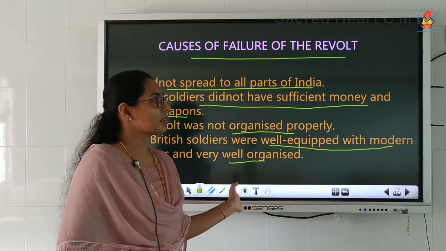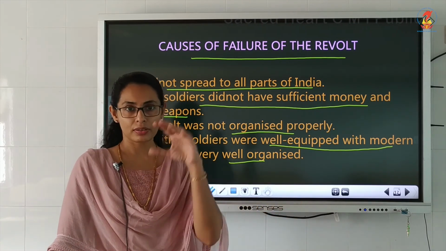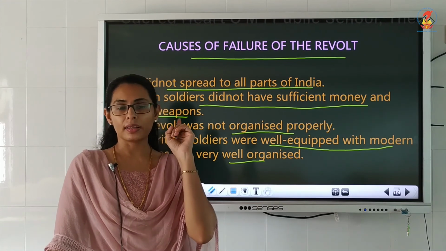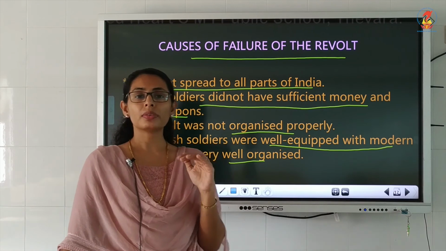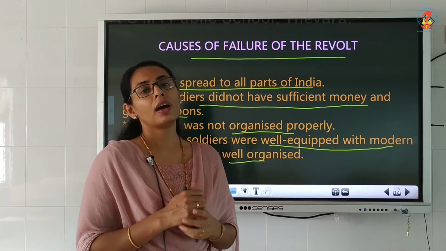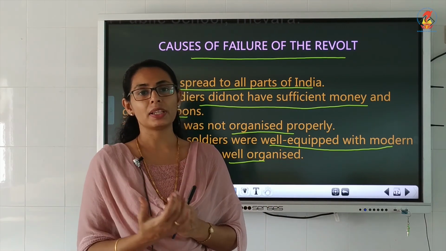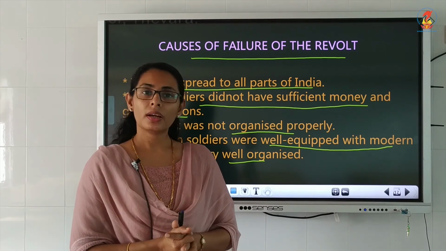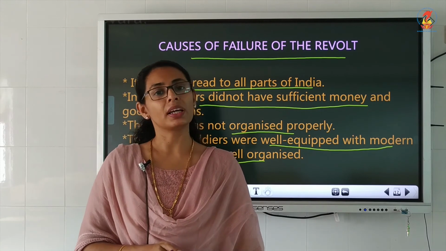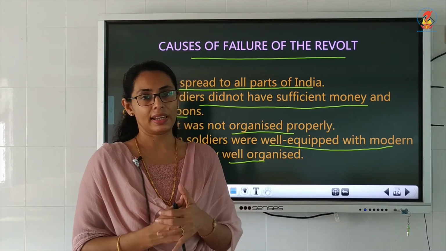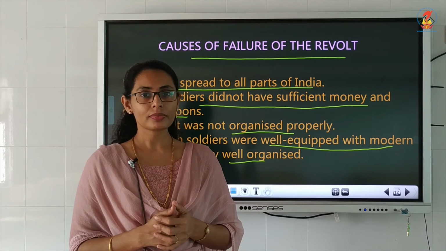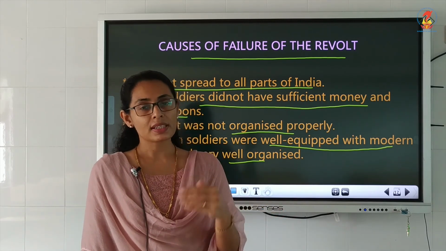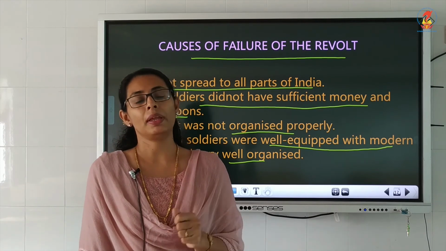So after this, the English East India Company, after the revolt, now the whole of the Indian territories and their administration was taken over by the Queen directly, by the government of England, directly after this revolt. And the East India Company's control was also minimized.